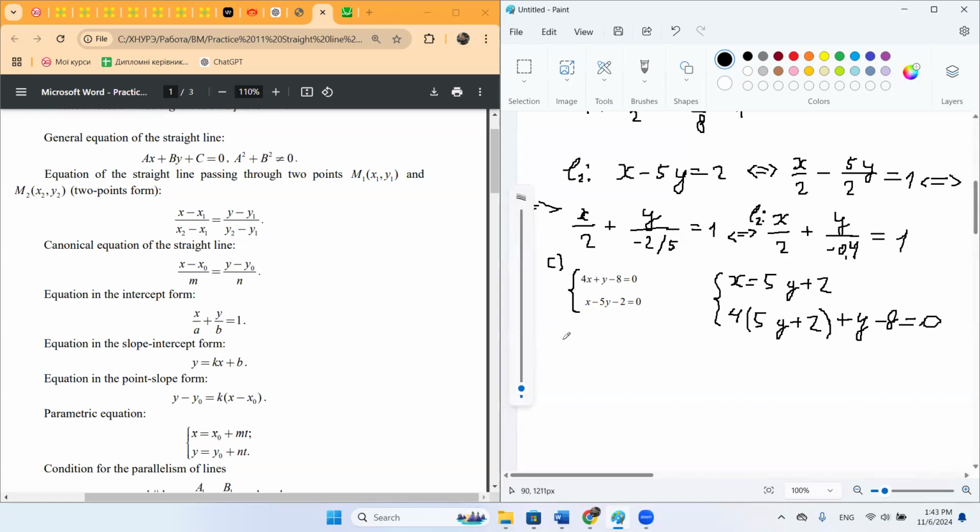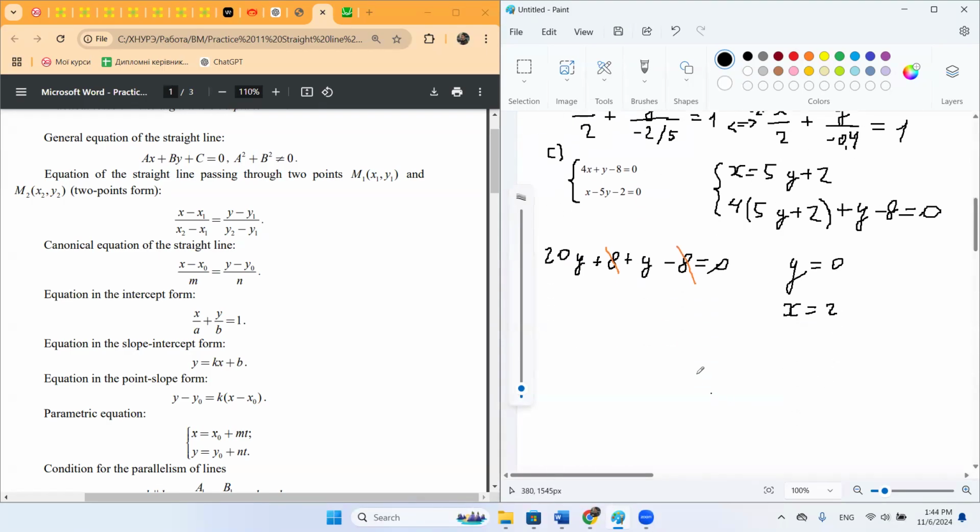Finding y: 20y plus 8 plus y minus 8 equals 0. So the constants are eliminated, so y equals 0. And it means x equals 2. So we found the point n with coordinates 2 and 0. And that's it for this part.